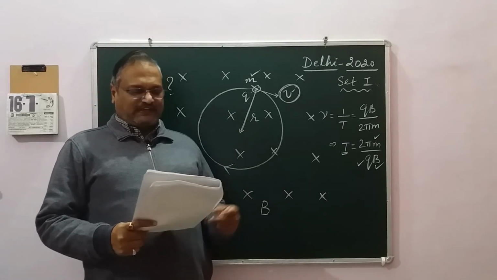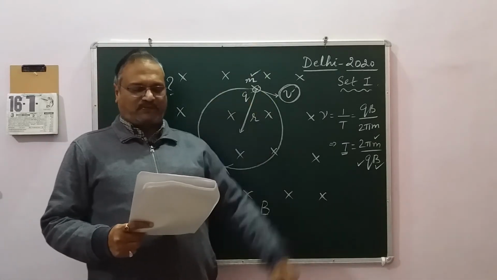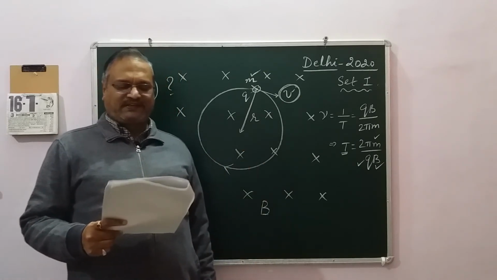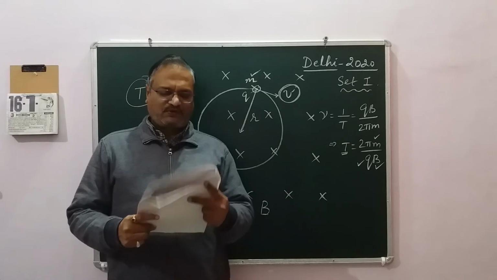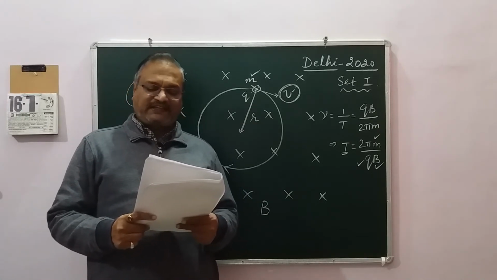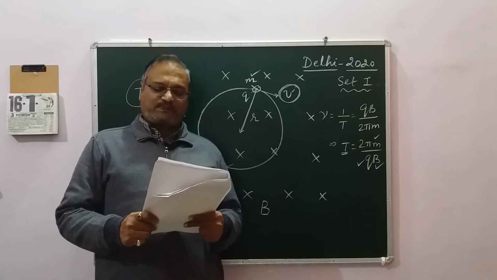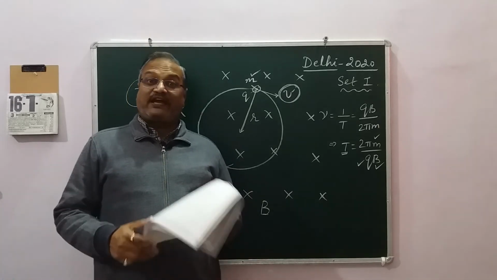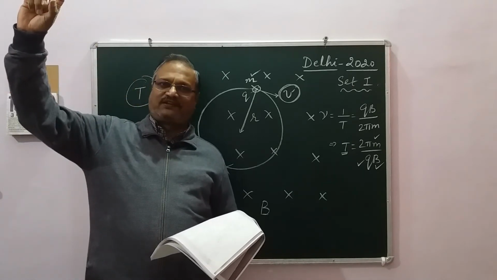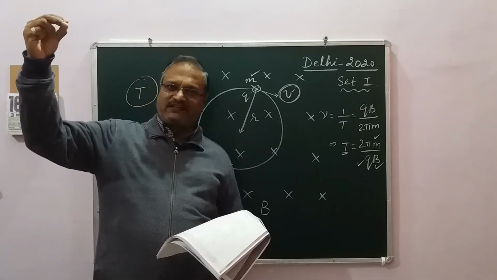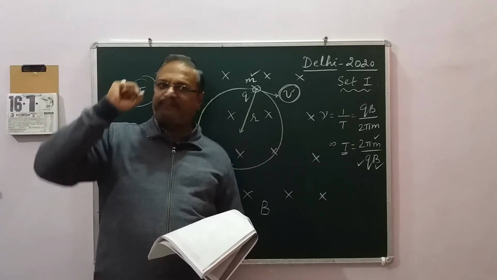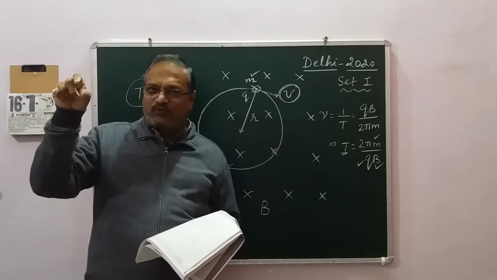So, let me do the sixth question. Very simple, straight. The final image formed in an astronomical refracting telescope with respect to the object. In an astronomical telescope, a distant object will come and strike the objective lens, then you see through the eyepiece inside the tube. What do you see?